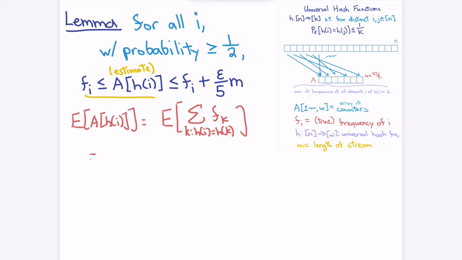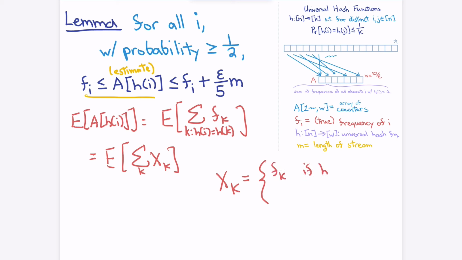Now you could write this a little bit differently. I'll write the sum over k of x_k, where x_k is equal to the frequency of element k if the hash codes are equal, they got hashed to the same slot, and 0 otherwise. I'm just taking some information from under the summand and packing it into the variable here.